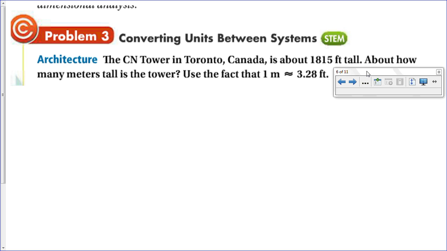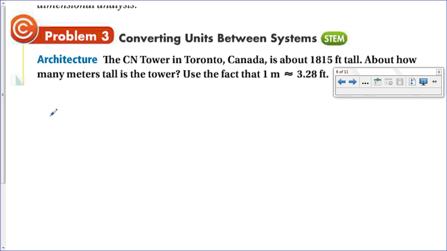Last one we're going to try today. The CN Tower in Toronto, Canada is about 1,815 feet tall. About how many meters tall is the tower? Use the fact that 1 meter is approximately 3.28 feet.